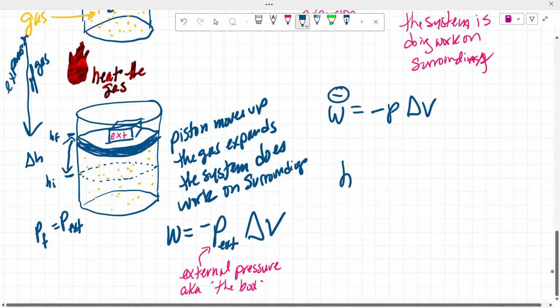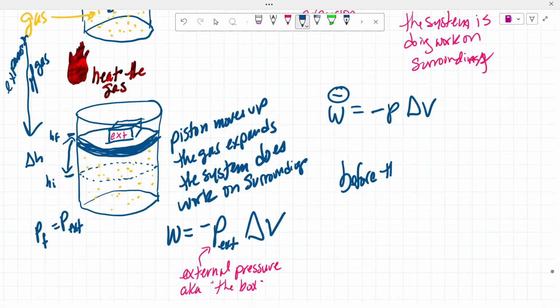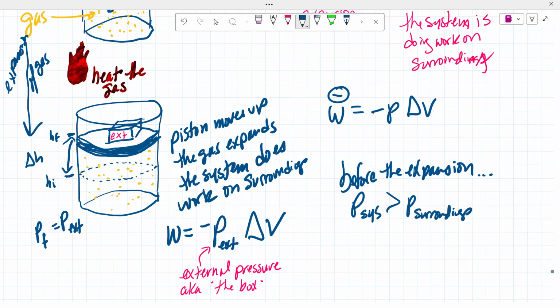Before the expansion, what was the situation? The P of the system was greater than the pressure of surroundings. Right, and the reason is because it had gotten heated.